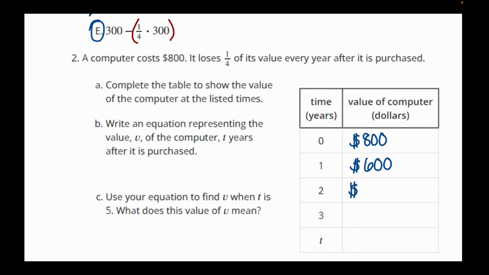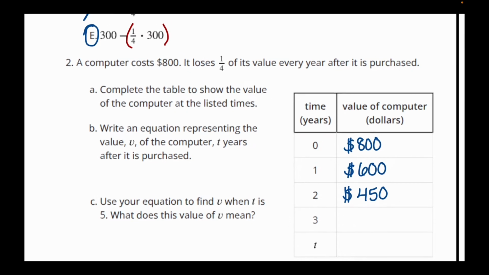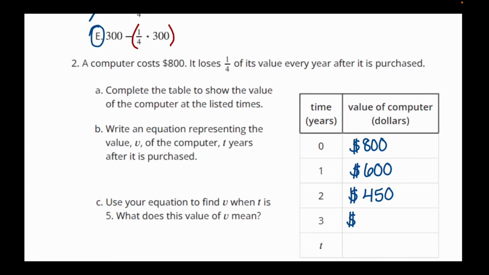Make sure that you're accurate, but this is going to be $450. After 3 years, definitely going to need a calculator for this one. We're going to take that 450 and multiply it by 3/4, and that is going to give us something with cents. So it's going to be $337.50.